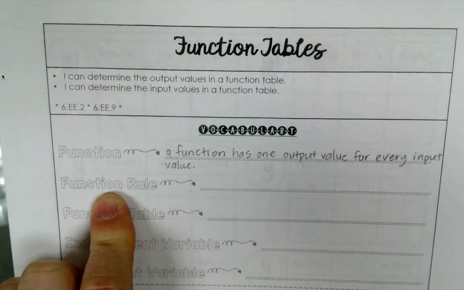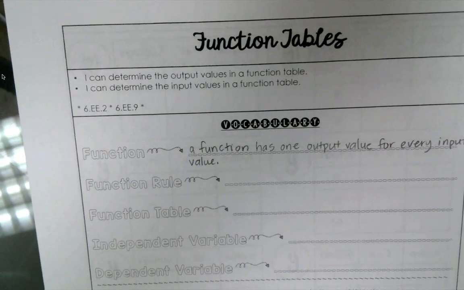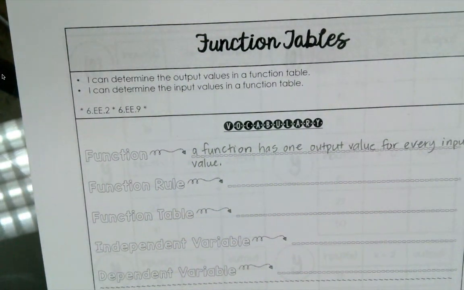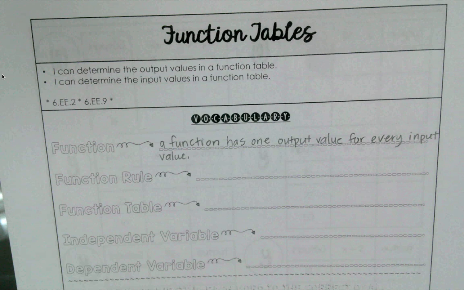Give you a second to write that down. There we go. So one output for every input. So for every one y for every x, essentially, because we're going to get into graphing. Okay?